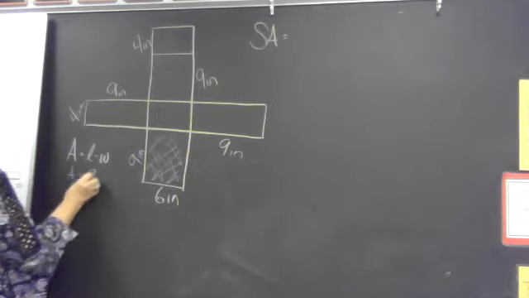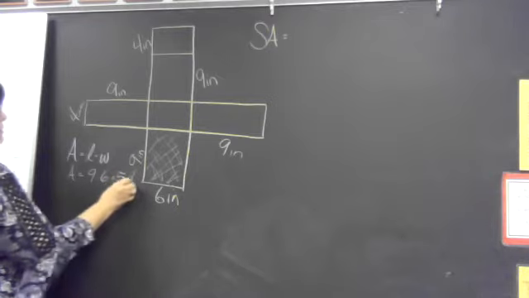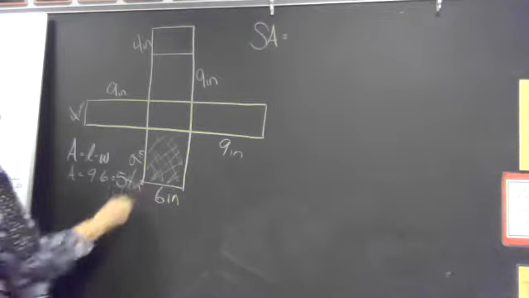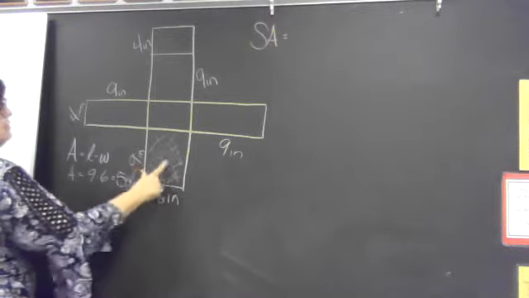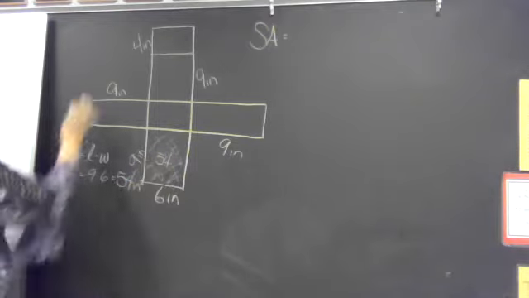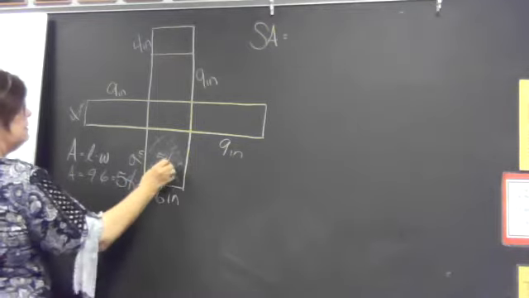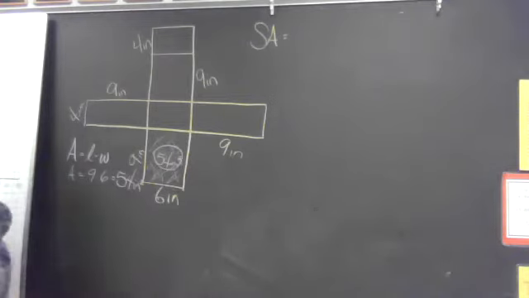Area equals 9 times 6, which equals 54 inches squared. What I like to do is put the answer right here so I don't get it lost in all of my work that I'm doing. Inches squared. That's the area of that one.